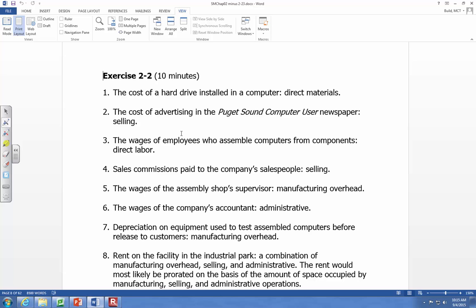Manufacturing overhead, I'm asking for a definition of it. There's 3 manufacturing costs, product costs. What are they? Direct materials, direct labor, and manufacturing overhead. So when you define manufacturing overhead, can anybody define that for me? No? Not well.